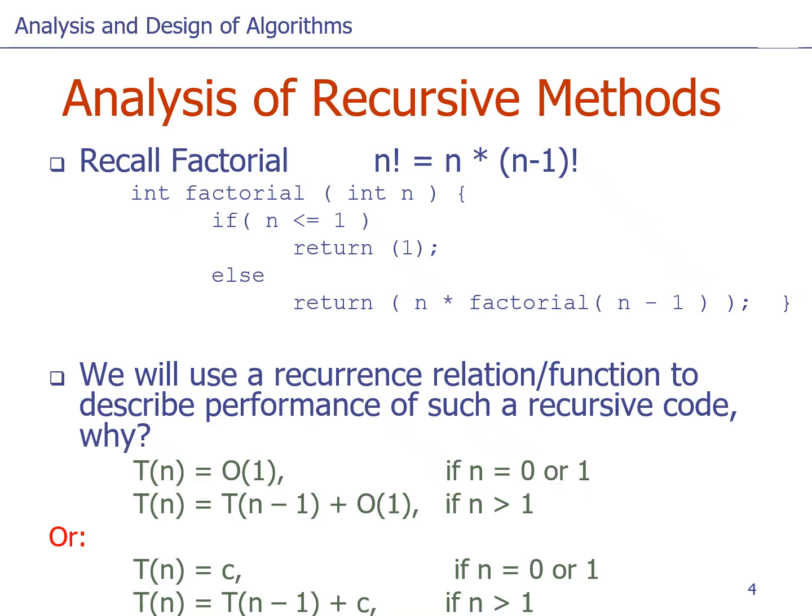So if you read the first example, it says T of n is equal to O of 1 if n is equal to 0 or n equal to 1. Else, T of n is equal to T of n minus 1 plus O of 1 if n is greater than 1. Now, the second line, which says T of n equal to T of n minus 1, is exactly what recursion is about.